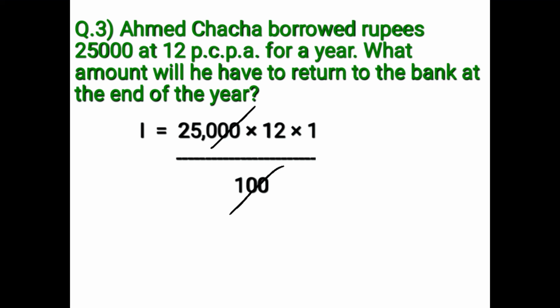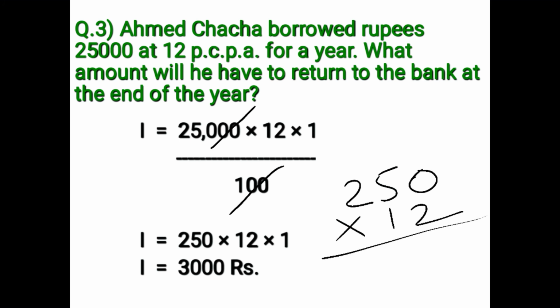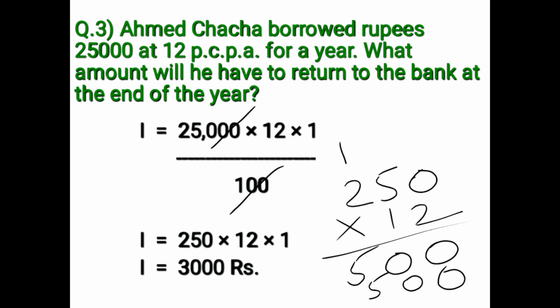Now multiply this 250 into 12. I am getting the answer 3,000 rupees. Multiply here 250 multiplied by 12. 2 zeros are 0, 2 fives are 10, 2 twos are 4, plus 1 is 5. 1 zero is 0, 1 five is 5, 1 two is 2.